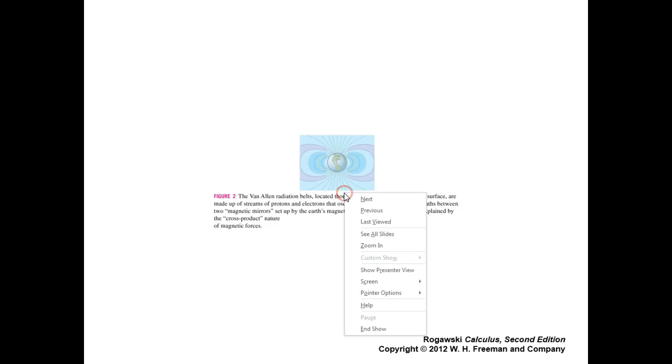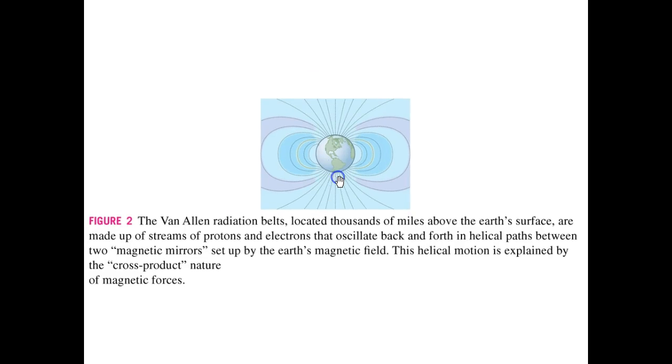And here's another example of some pretty incredible things. And by the way, since they're mentioning them here, these would be potential paper topics as well. Who in the world was Van Allen that described these things? What are the Van Allen radiation belts? They're thousands of miles above the Earth's surface, made up of streams of protons and electrons that oscillate back and forth in helical paths between the two magnetic mirrors set up by the Earth's magnetic field.